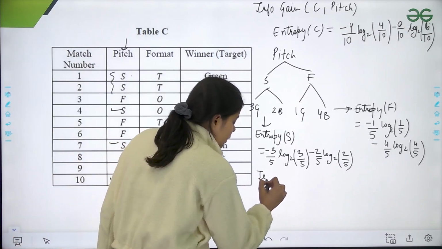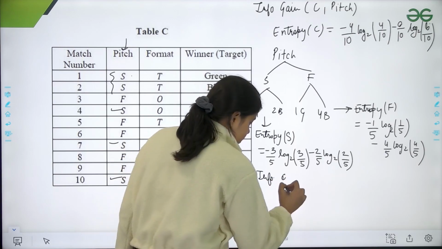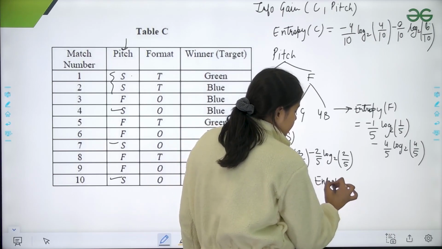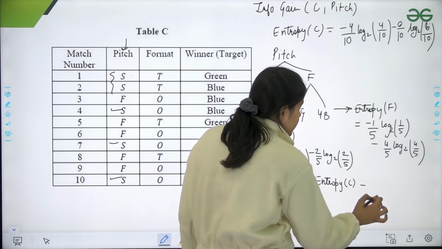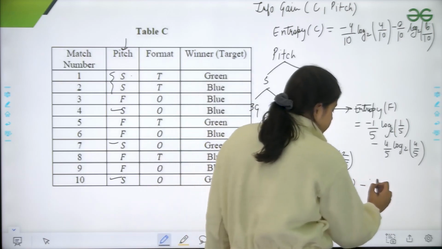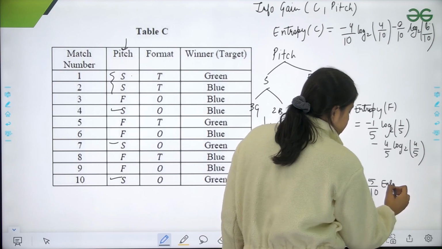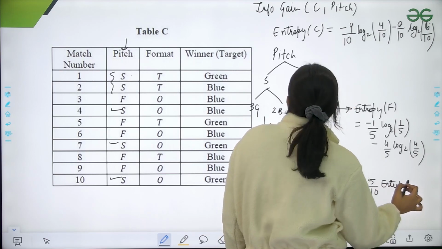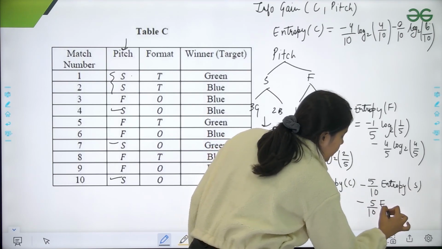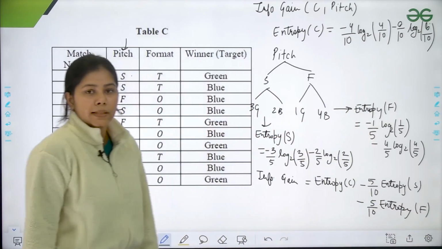Now how would you find out the final information gain? The formula is: information gain equals the entropy of this whole table, that means the impurity in the whole table, minus, S has 5 values out of 10 in total, so 5 by 10 times the entropy of S, and then minus 5 by 10 times the entropy of F. So that would give me the information gain in this case, right?